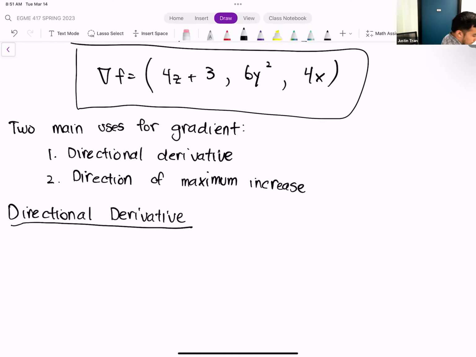Okay. And so when you have a multivariable function, when you have a field function, right? The function can vary in all different directions, right? And so it's different than a one-dimensional function where your variations can only occur in that one direction.